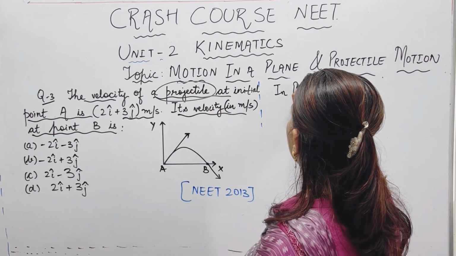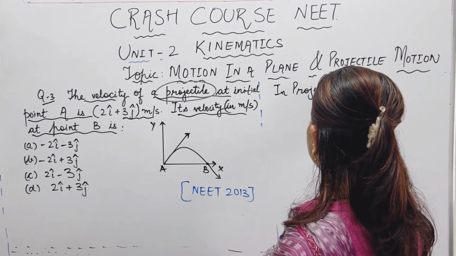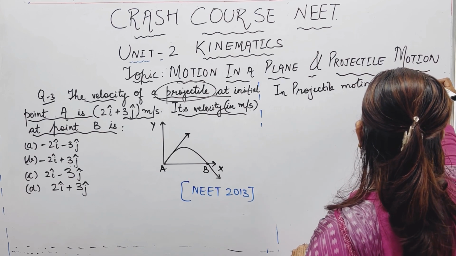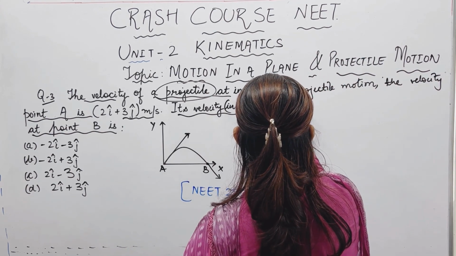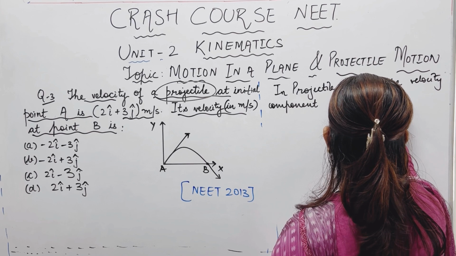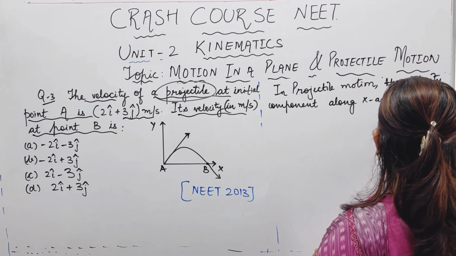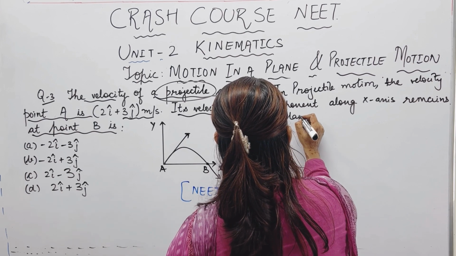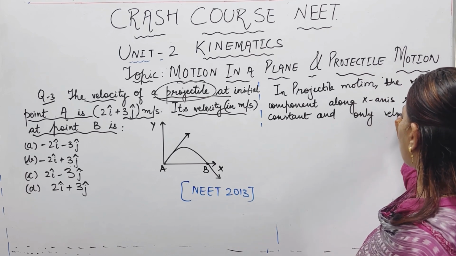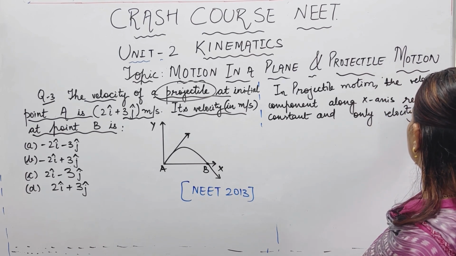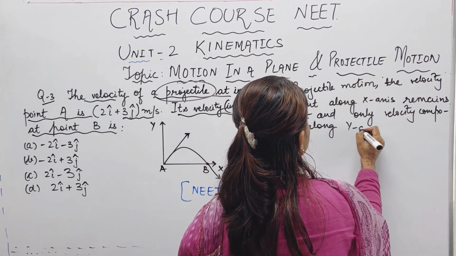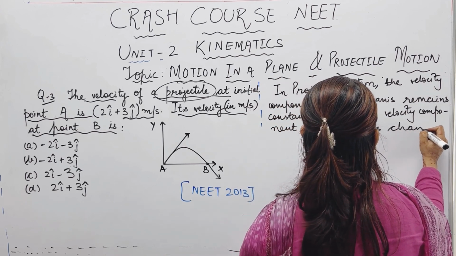In projectile motion, the velocity component along x-axis remains constant, and only velocity component along y-axis changes.